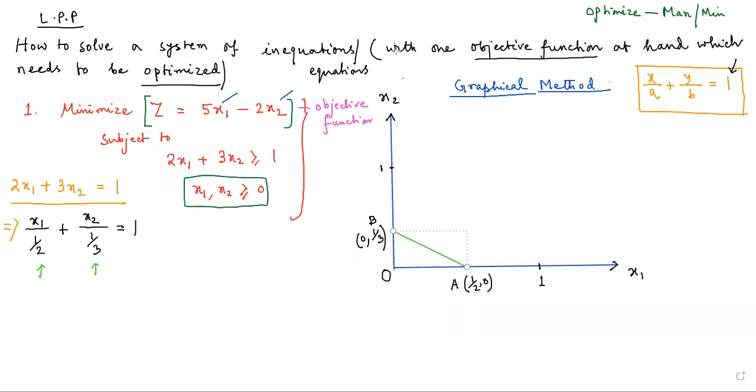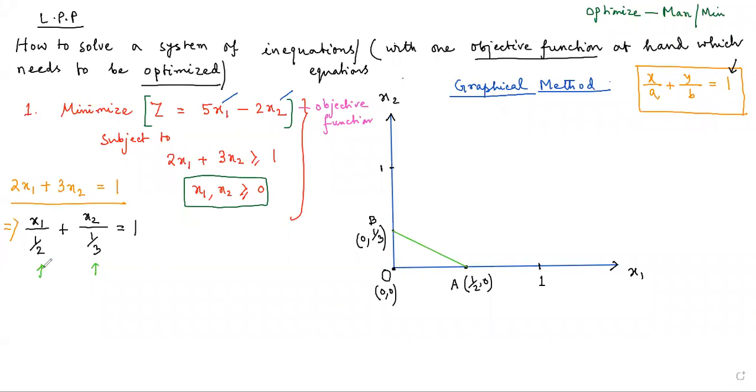Okay. Now, if you can recall, as I told you in my last class, to mark the region, we need to consider this point 0, 0, its coordinate is 0, 0. We have to mark this origin, and we have to substitute x1 equal to 0 and x2 equal to 0 respectively on the left hand side of this inequation first of all.